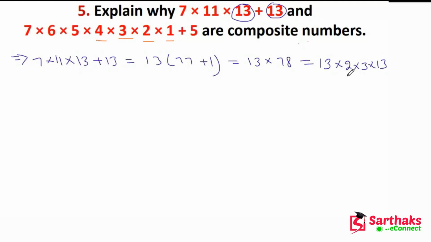Hence 7, 11 and 13 in multiplication plus 13 is a composite number. So we can write this also. So this number is a composite number. I hope you get this point.